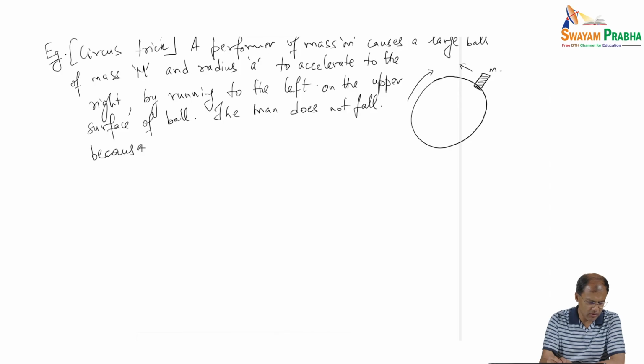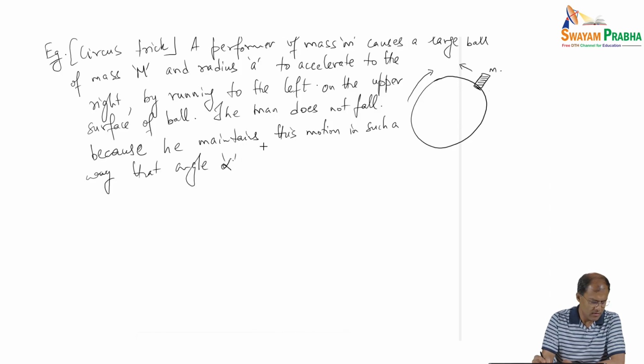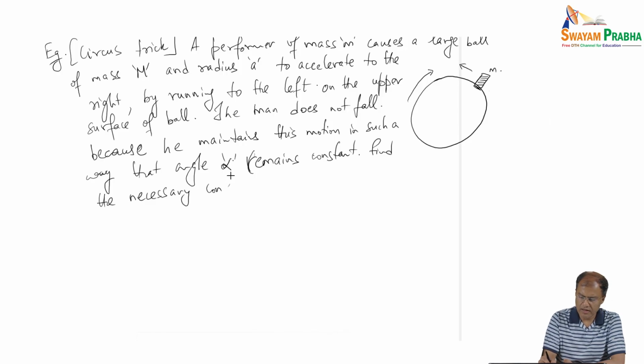So the man does not fall because he maintains this motion in such a way that angle alpha remains constant, and then we need to find the necessary condition for such a motion.